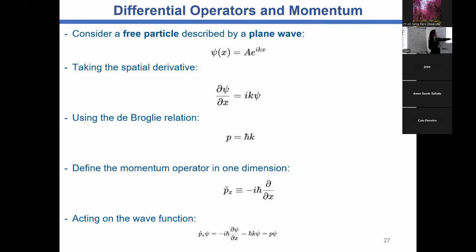And to know the operator, we usually use the de Broglie relationship that I showed on the last slide. And correlating with the wave function, we can see that the action of the operator over the wave function can predict the position, the momentum over the wave function.